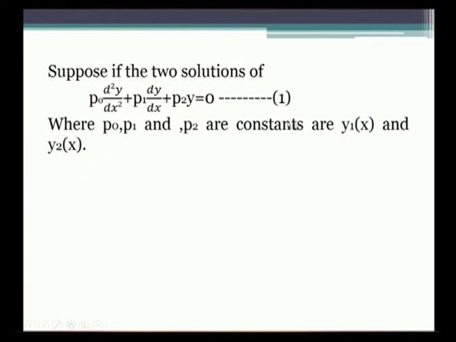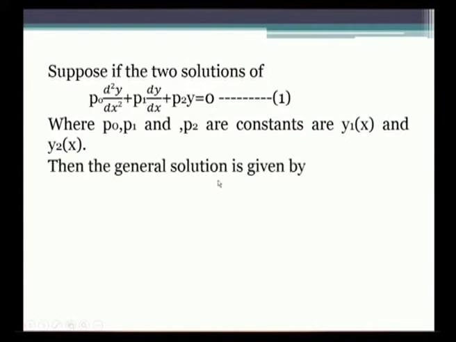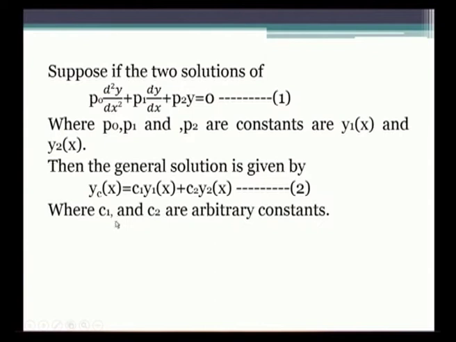Suppose this y1 of x and y2 of x are the two solutions of this second order linear homogeneous equation, then the general solution is given by yc of x is equal to c1 y1 of x plus c2 y2 of x, where c1 and c2 are arbitrary constants.